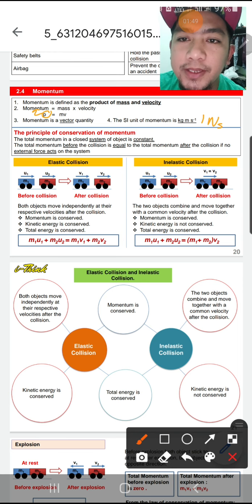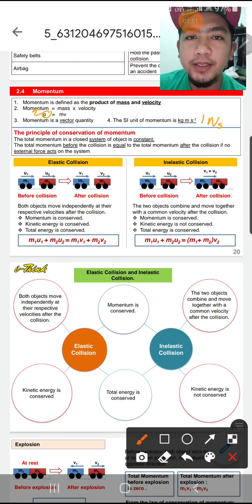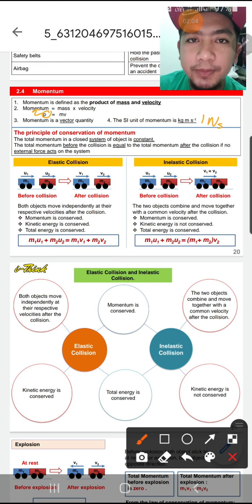So what is the principle of conservation of momentum? This is the famous question. The total momentum in a closed system of objects is constant. Constant means there is no external force acting on the system.